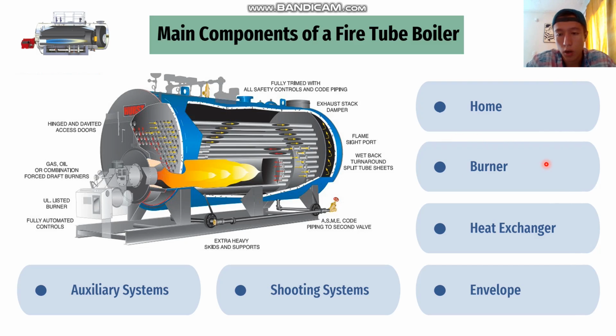This is the component that mixes and distributes the flow of fuel and air. This is elements how the transfers and the earth burden on how its combustion gas and the water in the system auxiliary system. This is the operations of the system on the oil boiler and the shutting system.